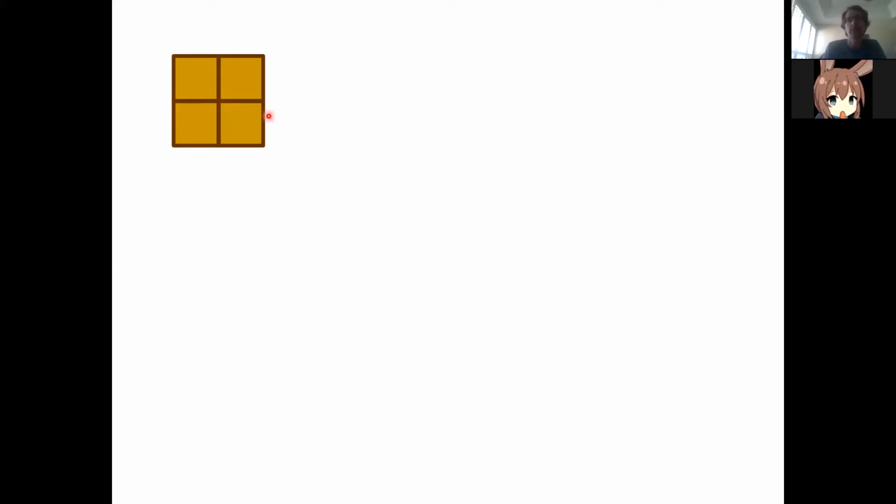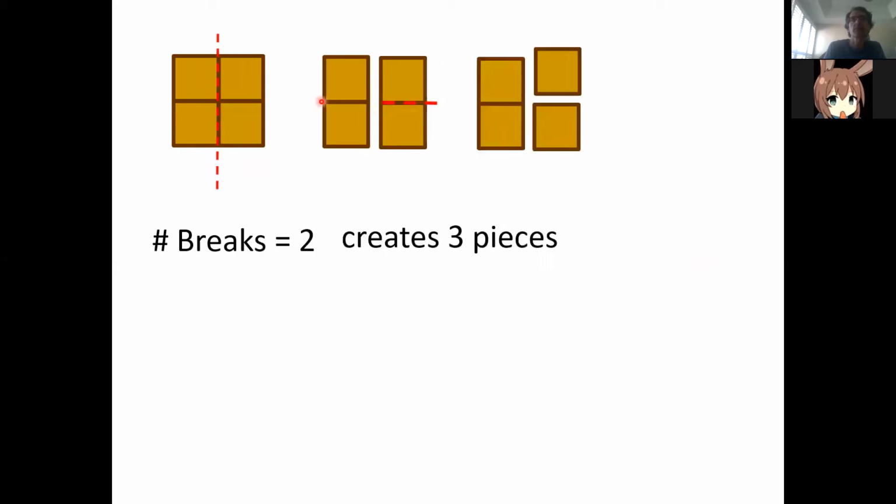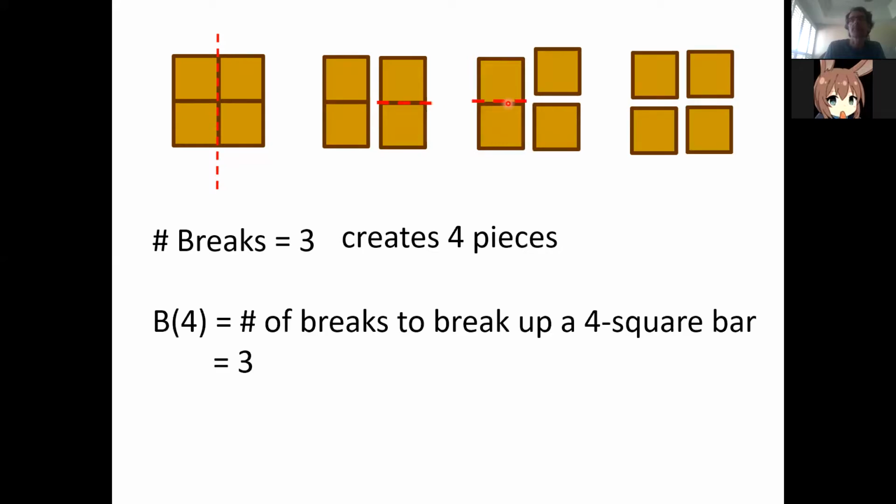This is a chocolate bar, and if I want to divide it, I take this cut, so that's one cut, and then I have these two pieces. I take another cut to divide this, that's break number 2, and I need a break here now, so that's break number 3. So the number of breaks needed to completely divide this particular chocolate bar of size 4 was 3.